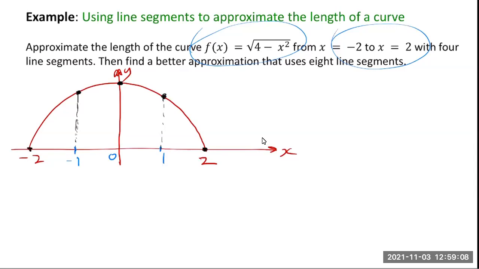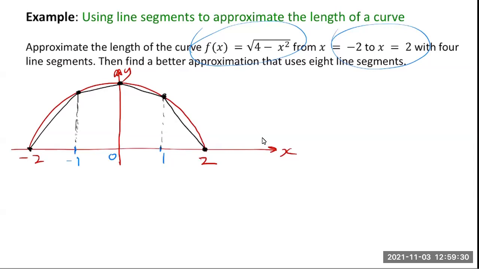Now I'm going to join these adjacent points. For these 2, I join it by a straight line like this, and then the next 2 points, again, by a straight line. Next 2 points, a straight line, and the last 2 points, a straight line.